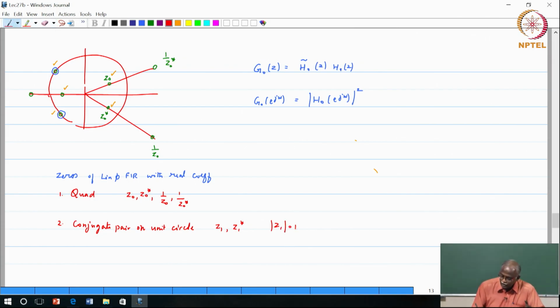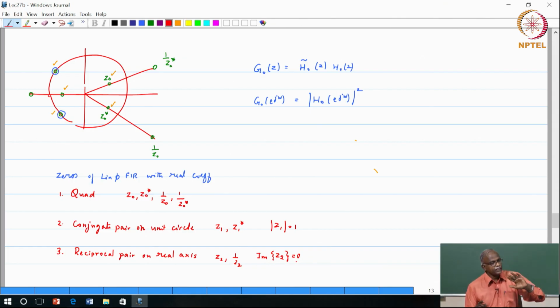And the third combination that you can get is a reciprocal pair on the real axis, because this does not need to have a conjugate, but the reciprocal has to be present in order for the linear phase symmetry to be satisfied. So, you will get z2 and 1 over z2, where the imaginary part of z2 is equal to 0.